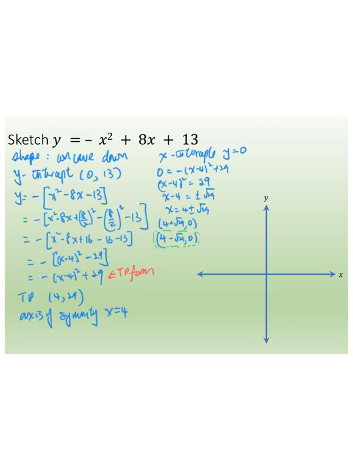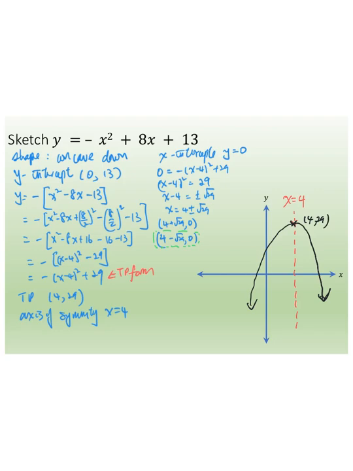Let's start sketching. Starting off, axis of symmetry, x equals 4. And then you know that the turning point is a maximum because it's concave down. So here is (4, 29), and I'm just going to sketch the parabola before I mark all the other points.